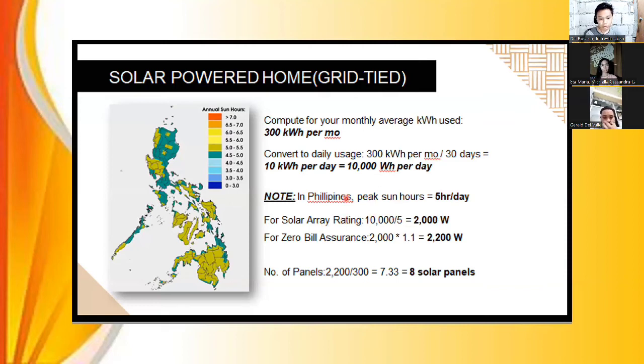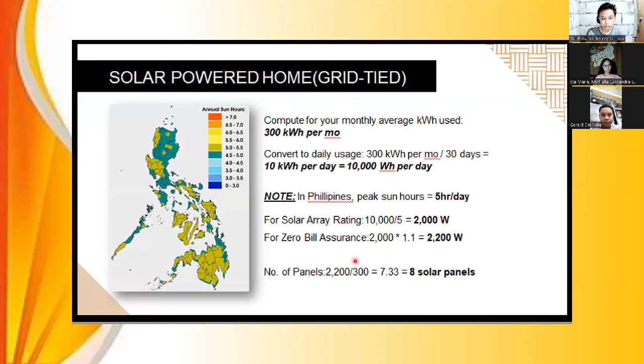So para sa assurance, para talagang wala ka nang babayaran, i-multiply uli natin siya sa 1.1, so equals to 2,200 watts. Kadalasan dun sa mga solar panels natin, 300 watts yung pinakang average, so compute natin ang number of solar panels.